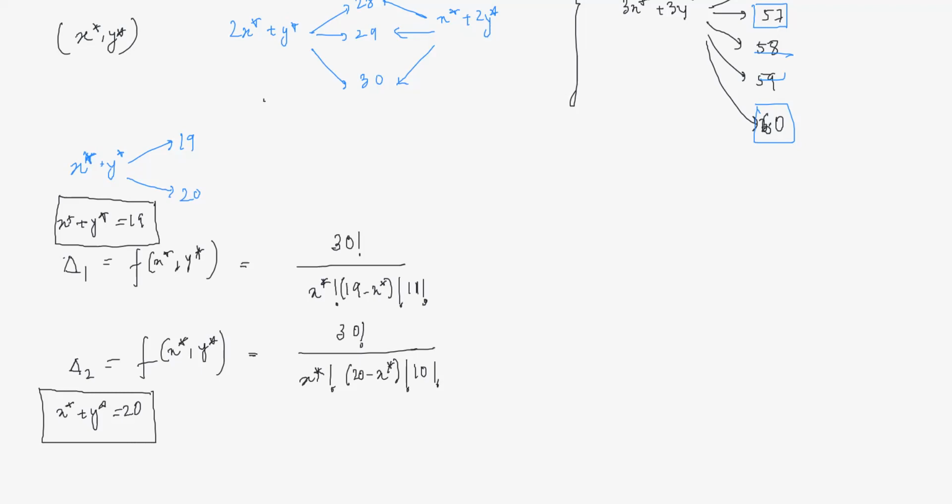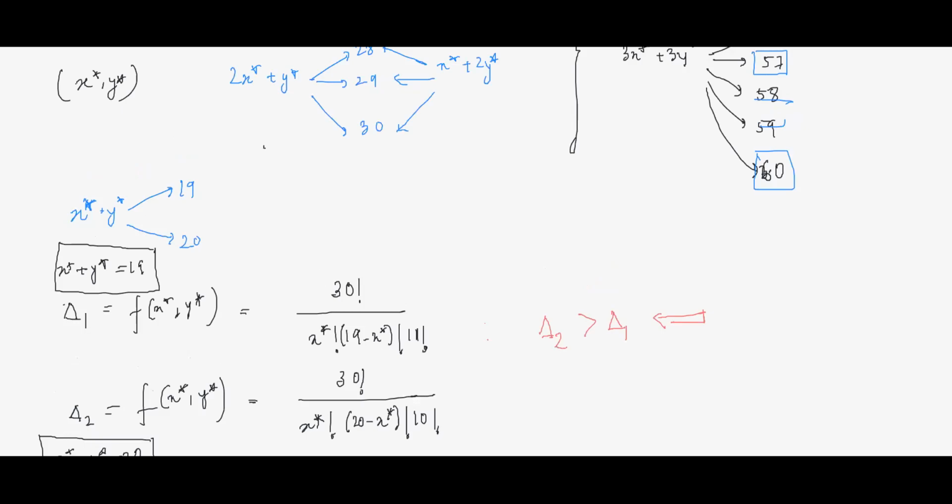Now observe that this takes the maximum value. Also observe this. Let's see when lambda 2 is greater than lambda 1. Let's assume that lambda 2 is greater than lambda 1 and see when it happens.